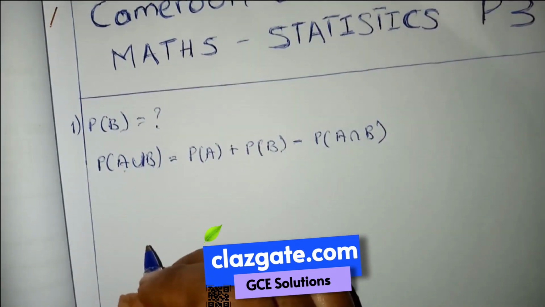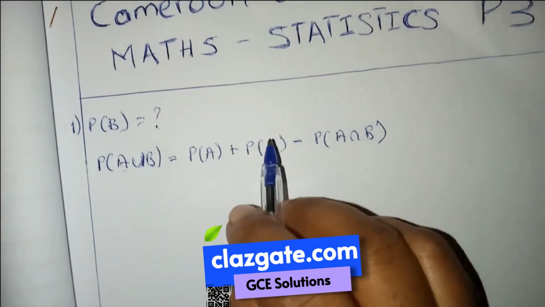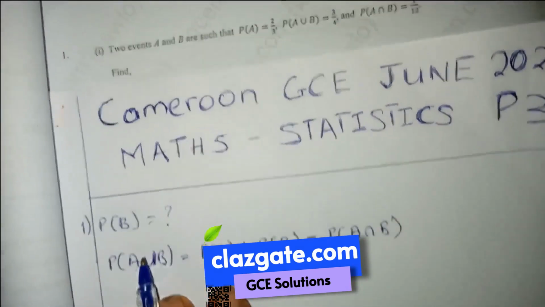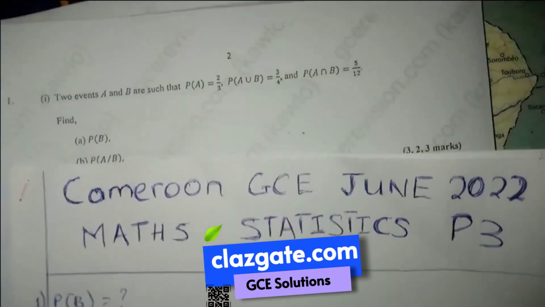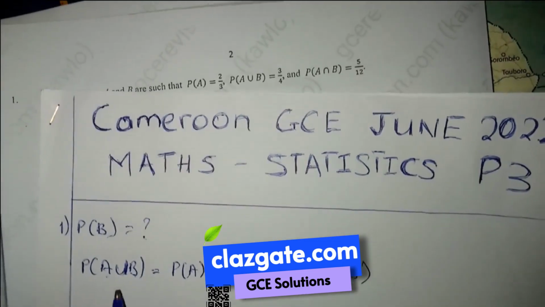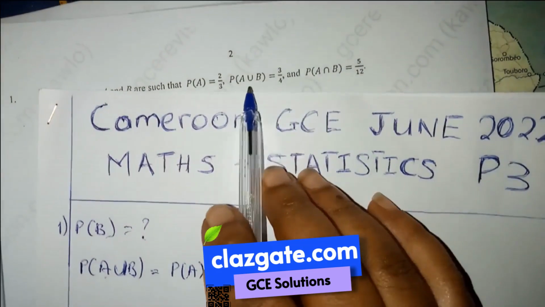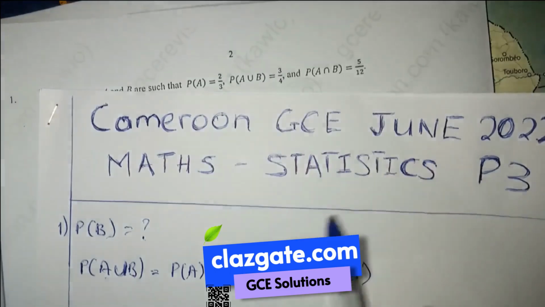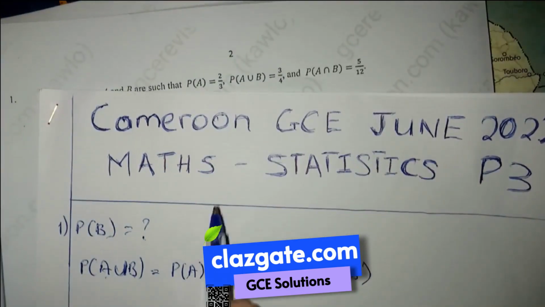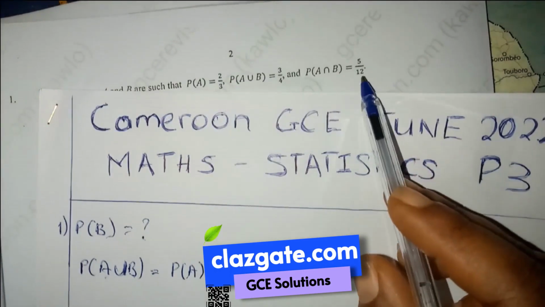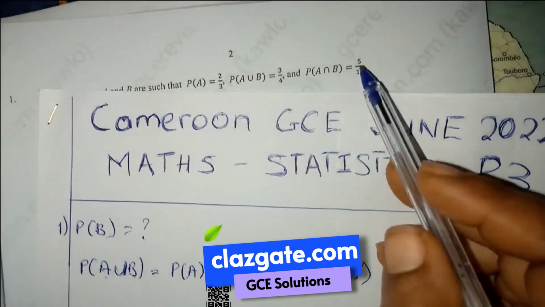So what we have to do now is check: do we have A union B? Yes, and A union B is 3 on 4. Do we have the probability of A? Yes, it's 2 on 3. Do we have the probability of A intersection B? Yes, it's 5 on 12.